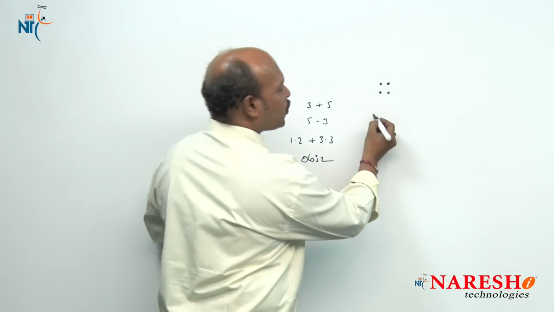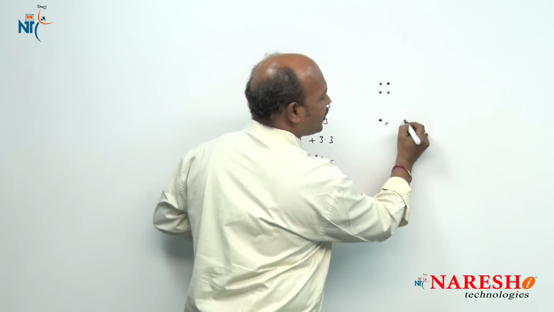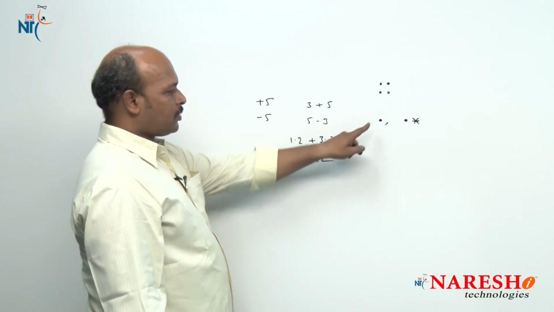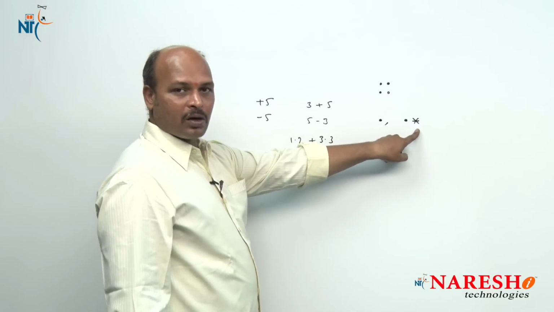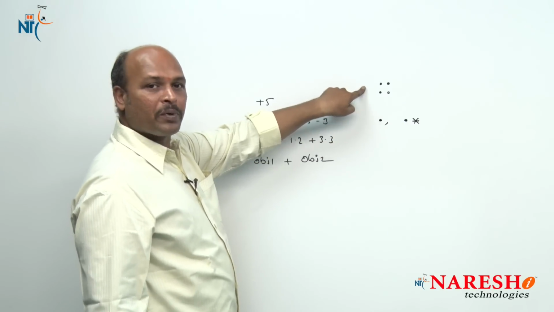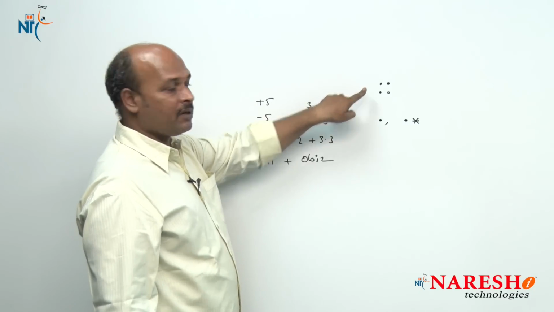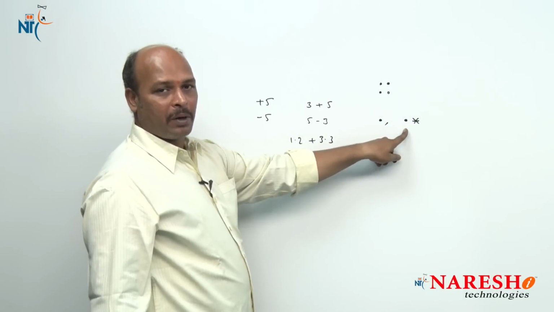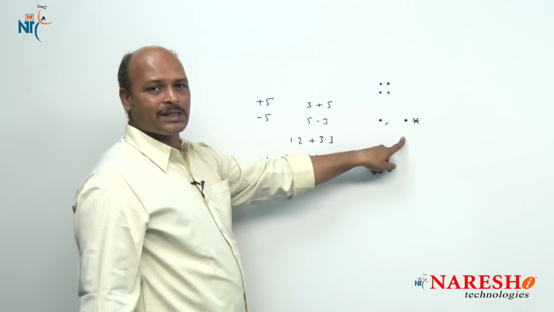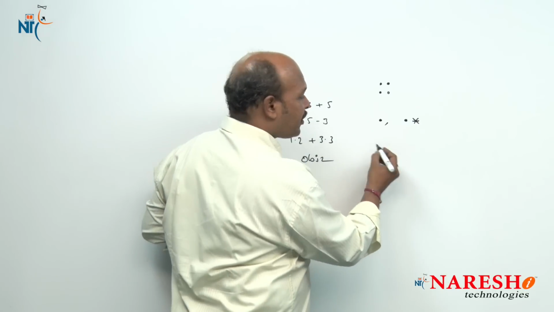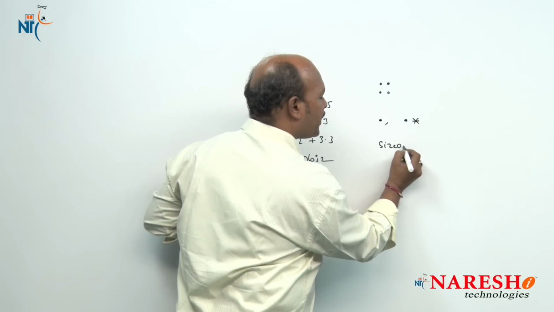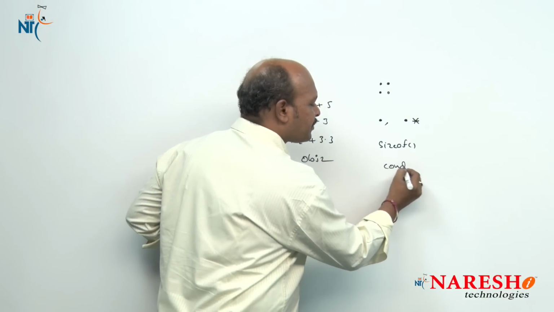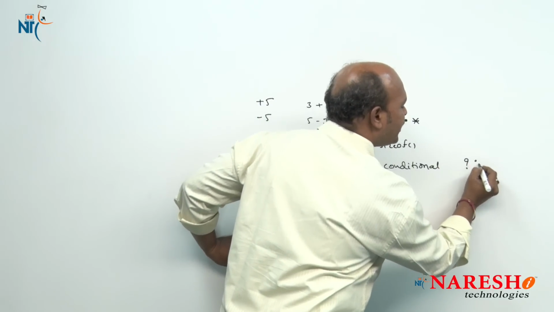Next, we can't overload dot and dot star, the member access operators, the class member access operators. And we can't overload the sizeof operator, and we can't overload the conditional operator, the question mark and colon.